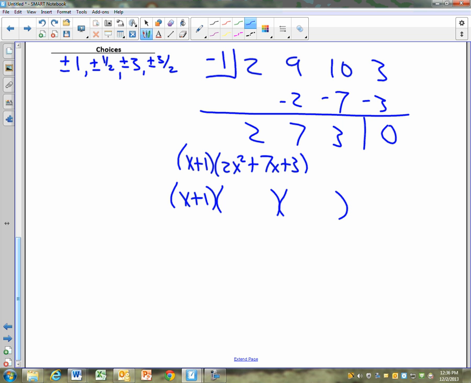Does 2x squared plus 7x plus 3 factor? It does. 2x plus 1 and x plus 3. If you don't want to factor that trinomial, you would have to use the AC method, or you can always resort to the quadratic formula.